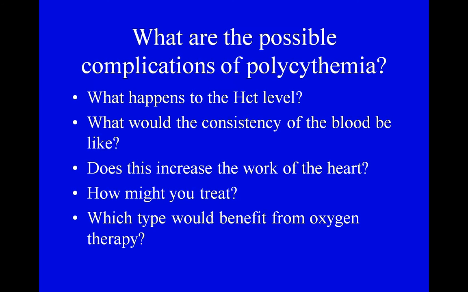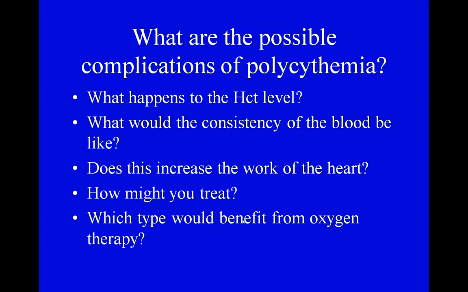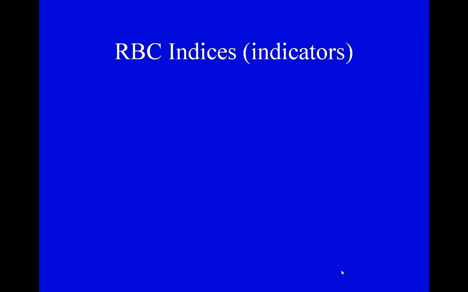Because that will just dilute the blood down. It would make it thinner, but it means their heart's still going to have to work harder to now pump all of the extra fluid that we've put in it. So we need to get rid of red blood cells and put you on oxygen so your bone marrow doesn't release more. The type that would benefit is not primary polycythemia, it would be secondary polycythemia.